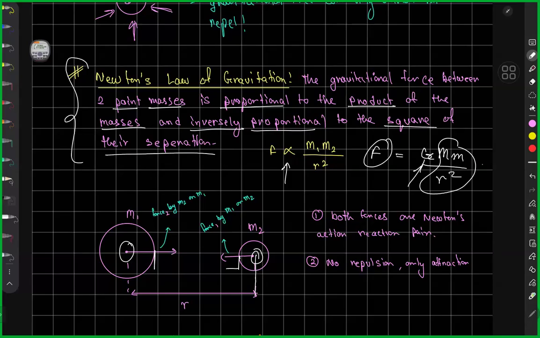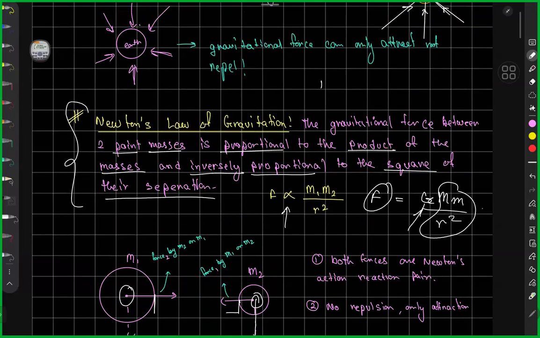So the gravitational force must be proportional to the product of both my masses which are interacting.